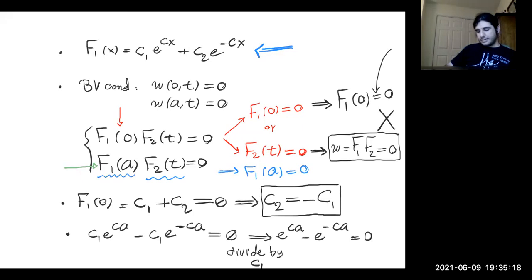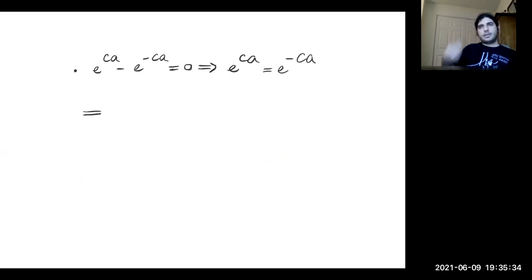What does that tell us? So let's look at this equation. e to the ca minus e to the minus ca is equal to 0. That means e to the ca is equal to e to the minus ca. If we divide everything by e to the minus ca, we get e to the ca over e to the minus ca is equal to 1.